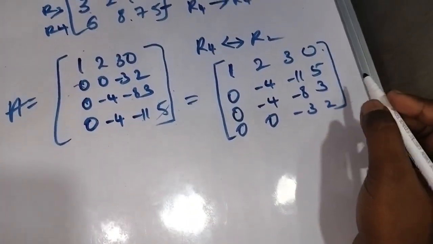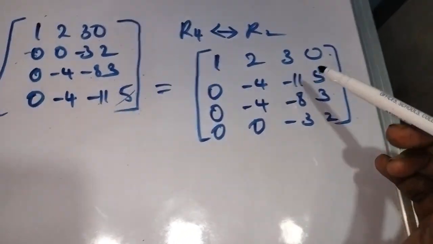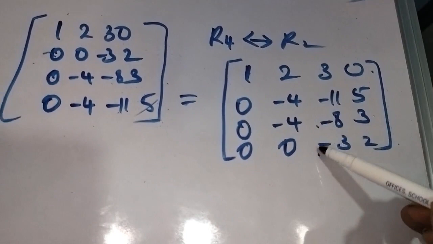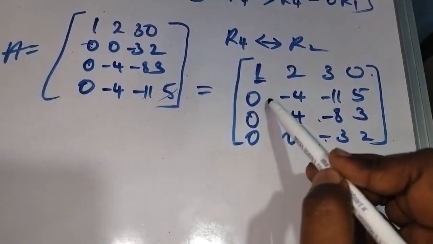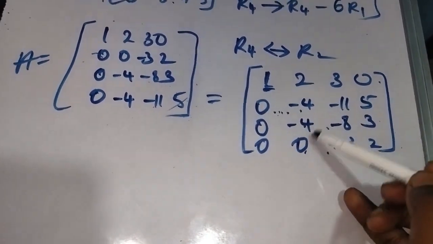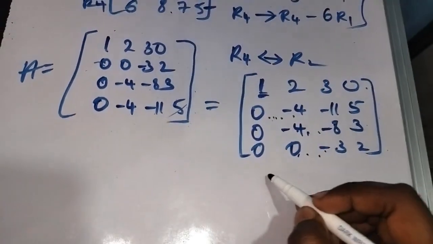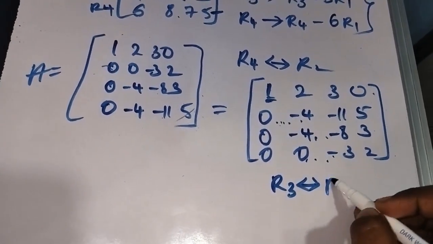And from this, now we need to mainly operate with the last two rows, because here the first row is completely okay and the second row is also okay, and this can also be interchanged. This R3 can be interchanged with R4.